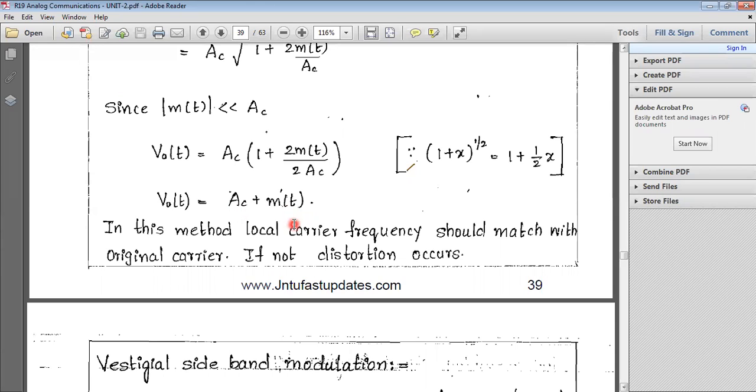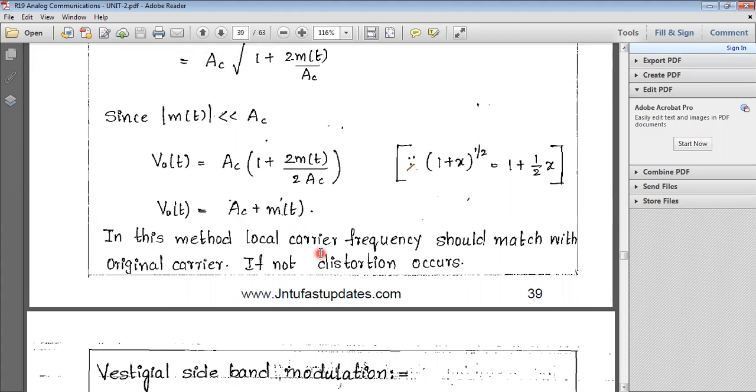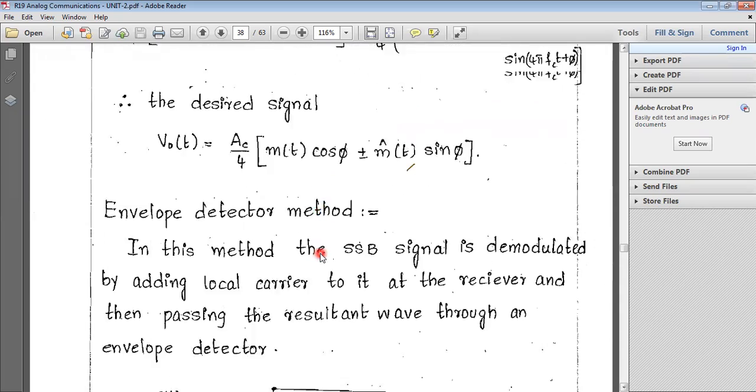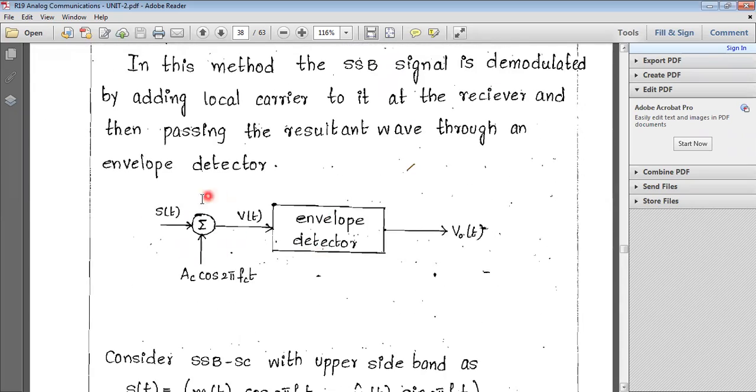In this method also, we generate the carrier with a local oscillator. If you observe the block diagram, in this method also, at the first stage, we generate the carrier with a local oscillator.